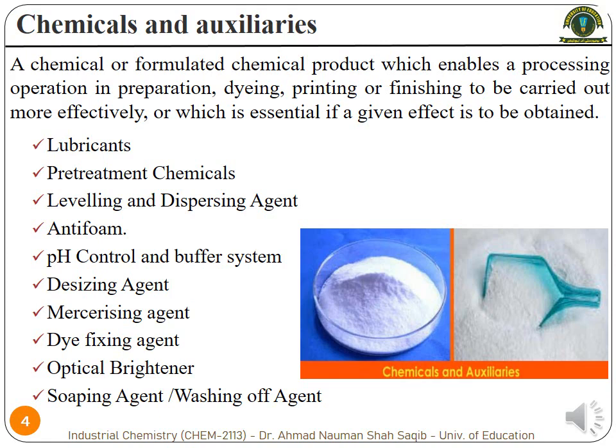They can be used for dye fixing, and these chemicals can be used for enhancing the brightness of the fabric or the textile product, and they can also be used to enhance the proper washing properties, or they can be used as a soaping agent or washing agent in the process of the textile product manufacturing.